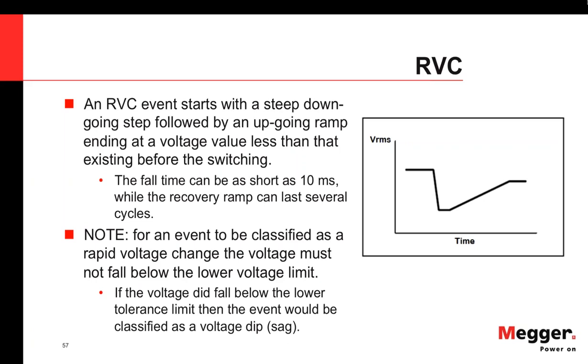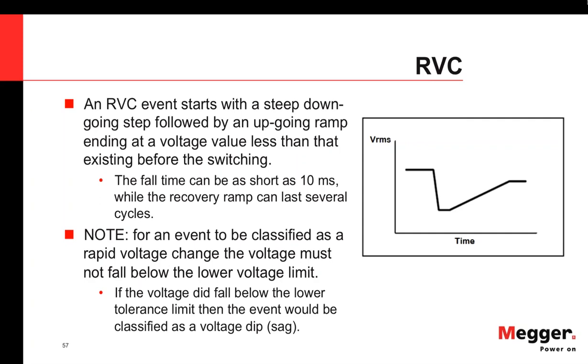Now, a rapid voltage change event starts with a steep downward step followed by an upgoing ramp, and that steep downgoing step can be as quick as 10 milliseconds.